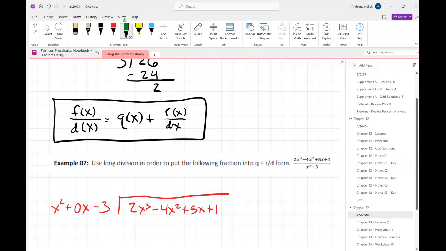All right, let's proceed. So now what I'm going to do is I'm going to ask myself the question, what times x squared gives me 2x cubed? What times x squared gives me 2x cubed? The answer to that question is not 2x squared, just 2x.